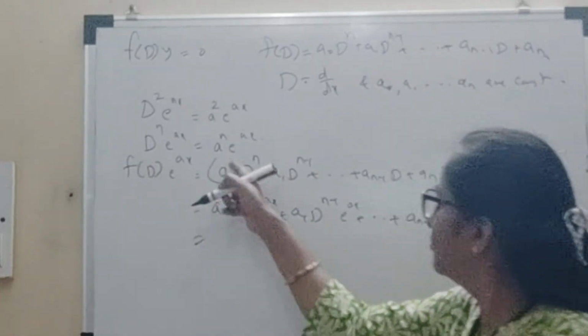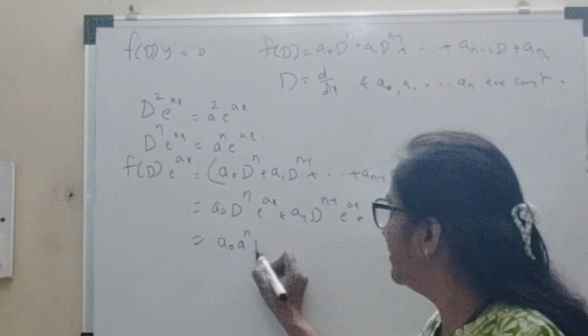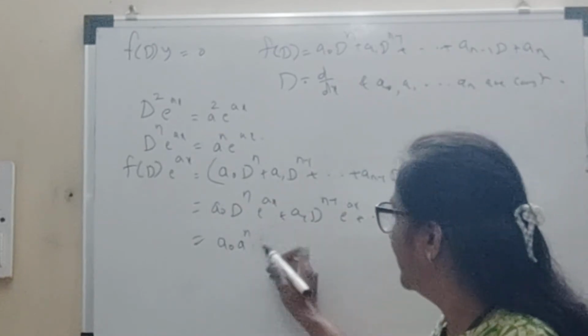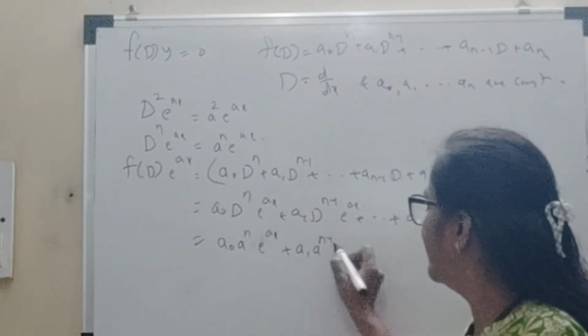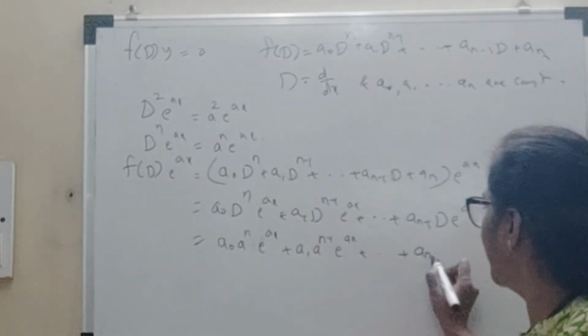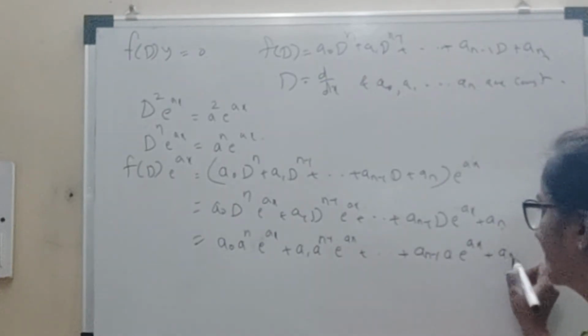And we apply this rule, so that gives us a0 a^n e^(ax) plus a1 a^(n-1) e^(ax) plus so on plus a(n-1) a e^(ax) plus an e^(ax).